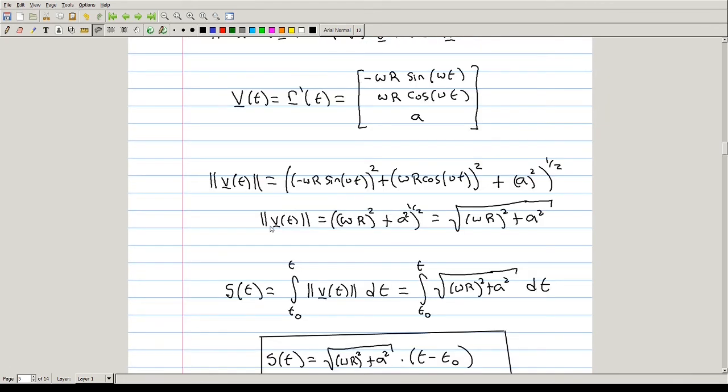Namely, we've shown that the velocity vector is equal to this right here.